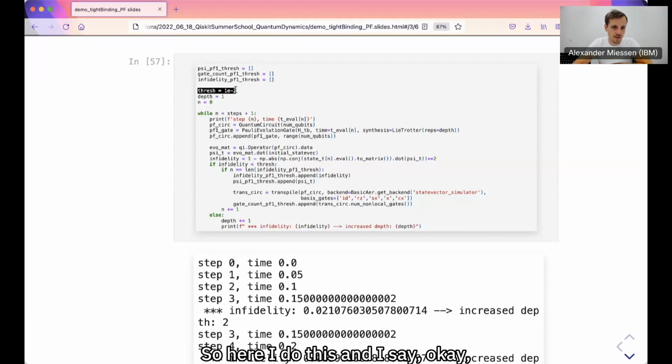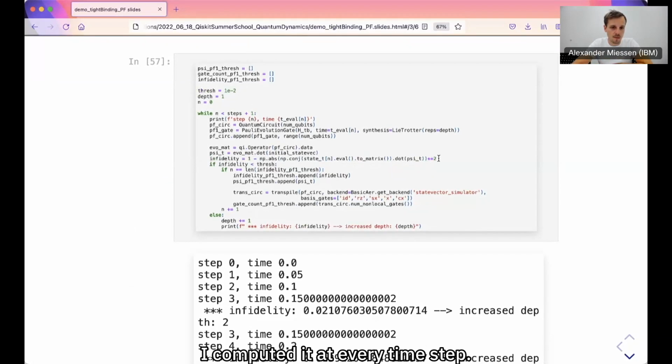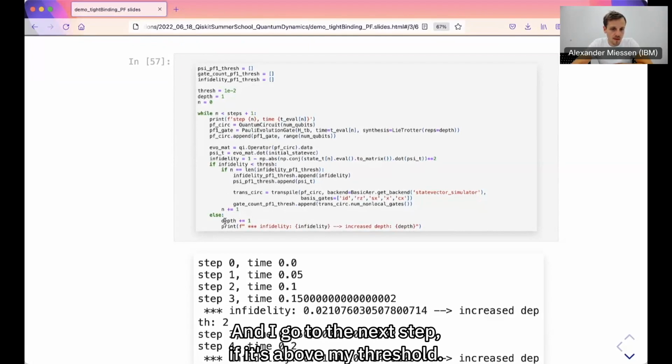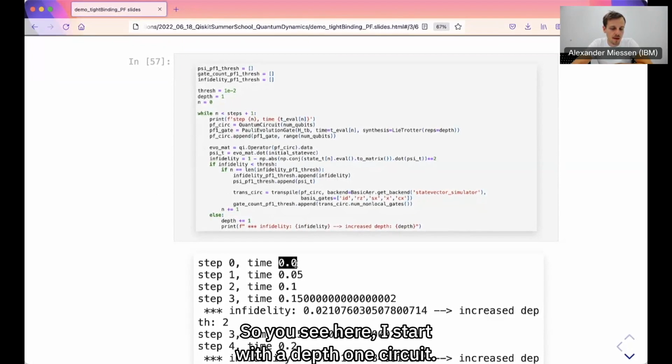So here I say I want at least 10 to the minus 2 in infidelity. I compute it at every time step. If my infidelity is below my threshold, everything is fine and I go to the next step. If it's above my threshold, so if the error is suddenly higher than what I want, I increase the circuit depth by 1 and then go back and do the same. You see here I start with a depth 1 circuit.